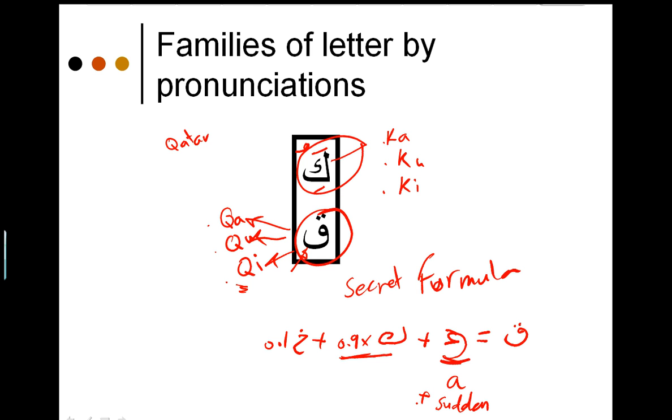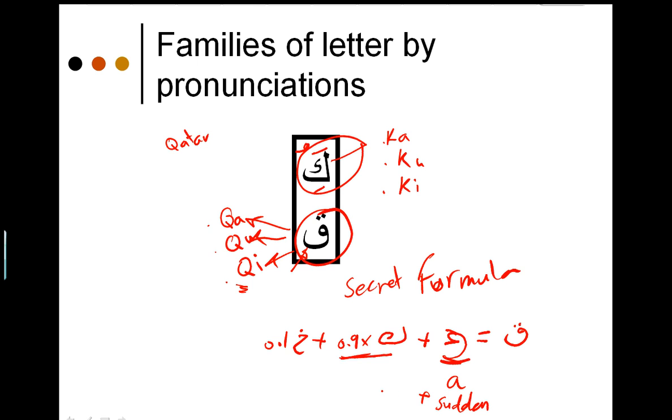You squeeze and you release the air suddenly, and then you try to add a K sound to that, so it becomes Qa, and then just a little bit of a Kha if you can add that to it, and it will become Qa. Once you get it, it will sound like Qa. If you get that right, then try it with Qu and Qi.